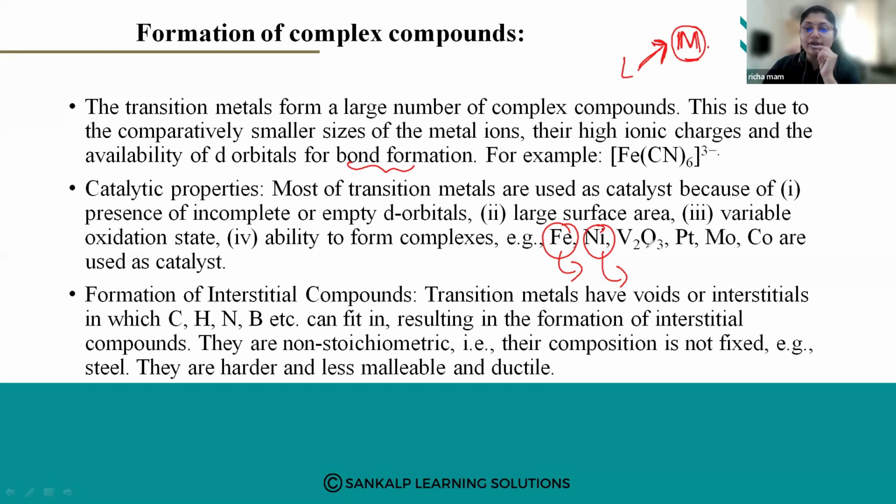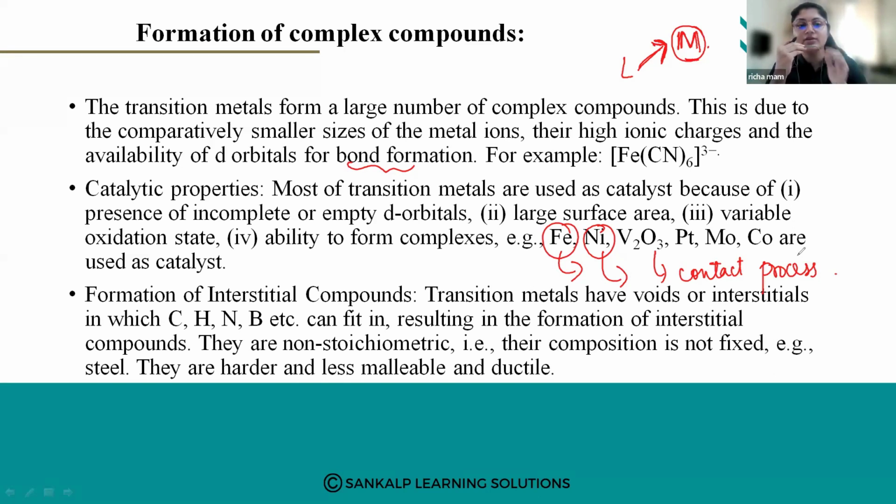Then vanadium oxide. This acts as a catalyst in a process called the contact process. The contact process is a process where we are manufacturing sulfuric acid. We are manufacturing which acid? Sulfuric acid. So for the manufacture, we are using a compound of vanadium oxide.